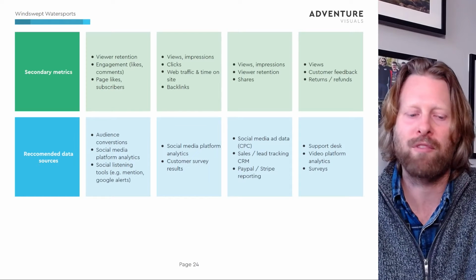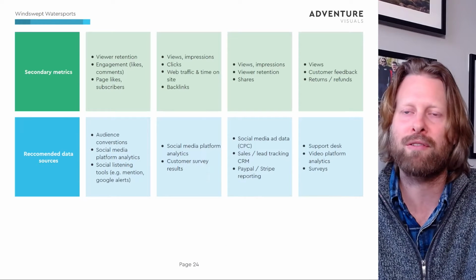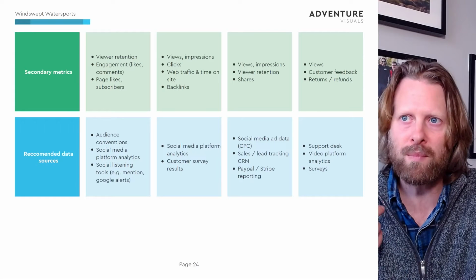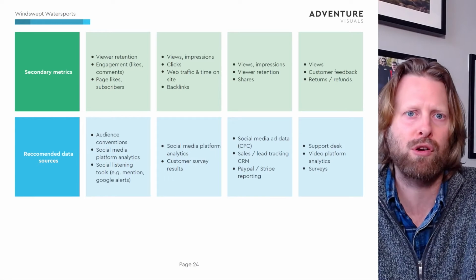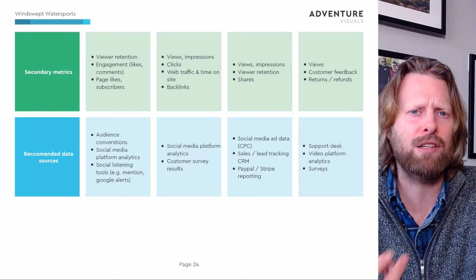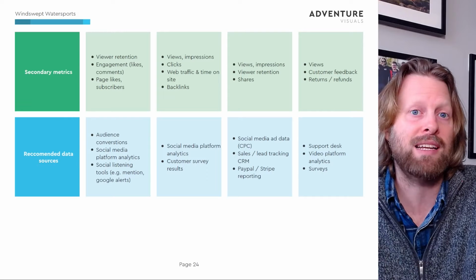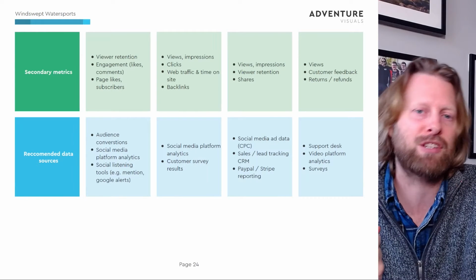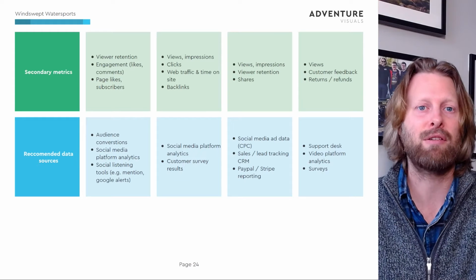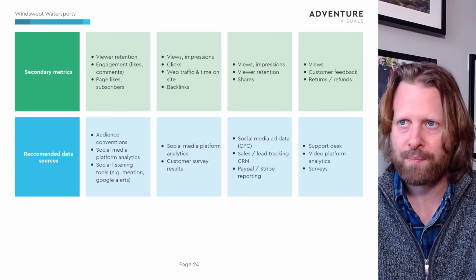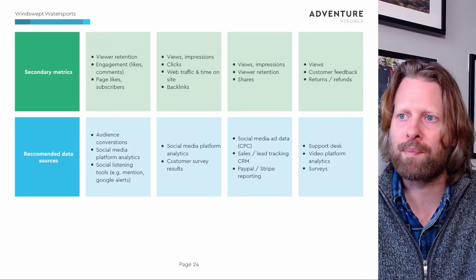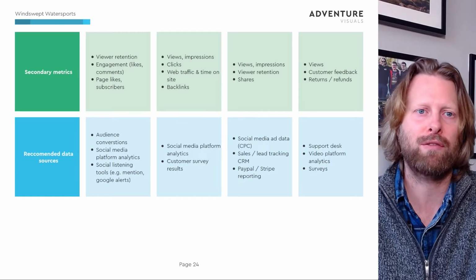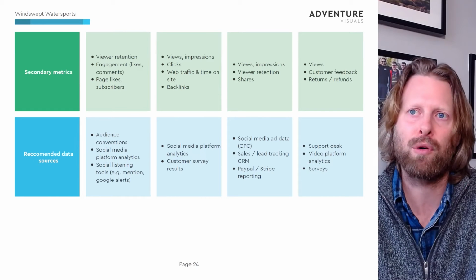For social media, social engagement: how many people are actually watching your videos through? Are you actually engaging people? These are good metrics because they let us assess whether the video is capturing people's imagination, making people stay, keeping them interested. Again, this is a really useful reference guide for your metrics.